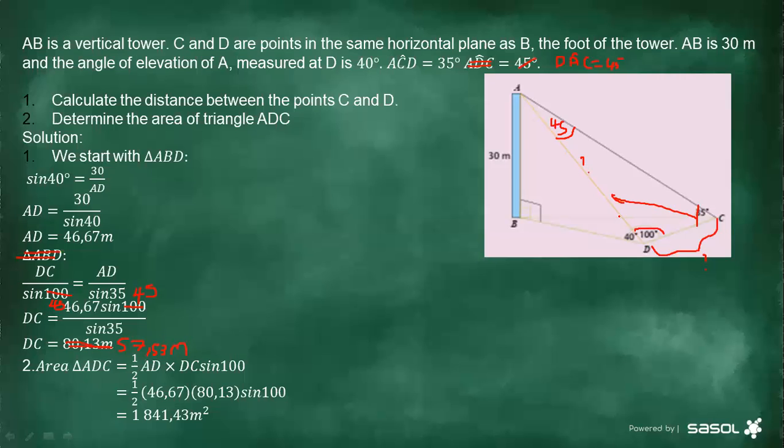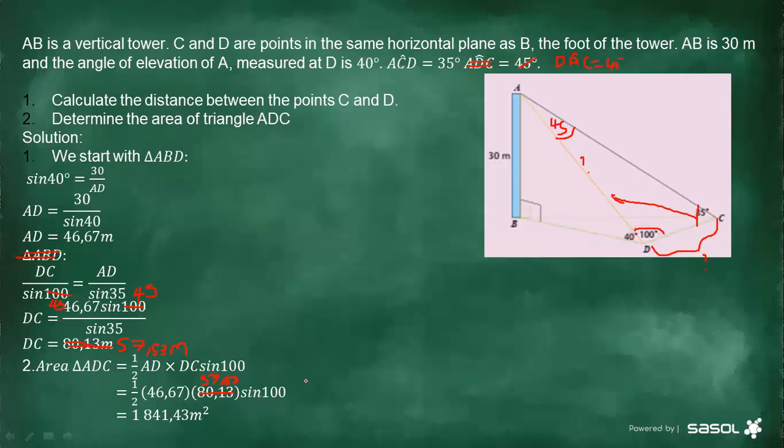Now we only have to change this side. DC is no longer 80, but 57,53. The sine 100 is still the same. Now let us recalculate the area of triangle ADC.